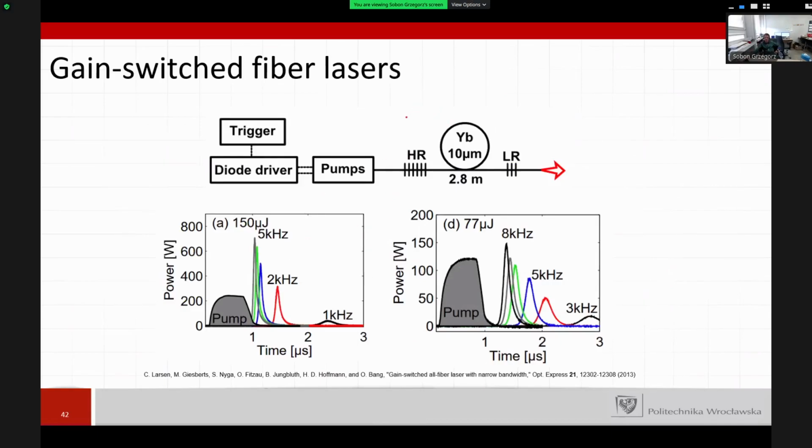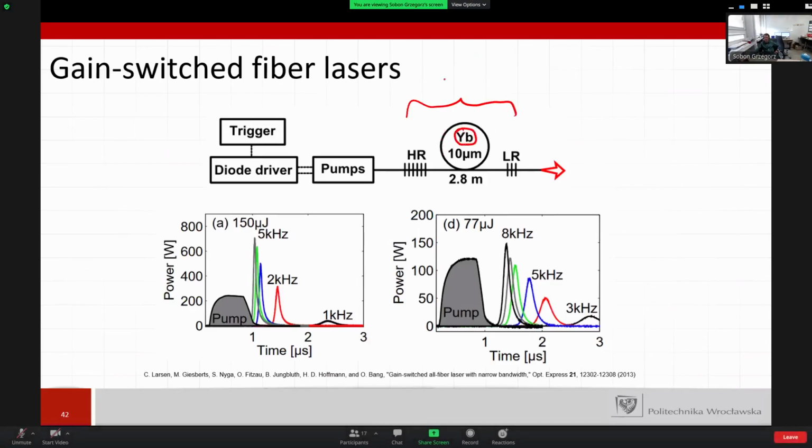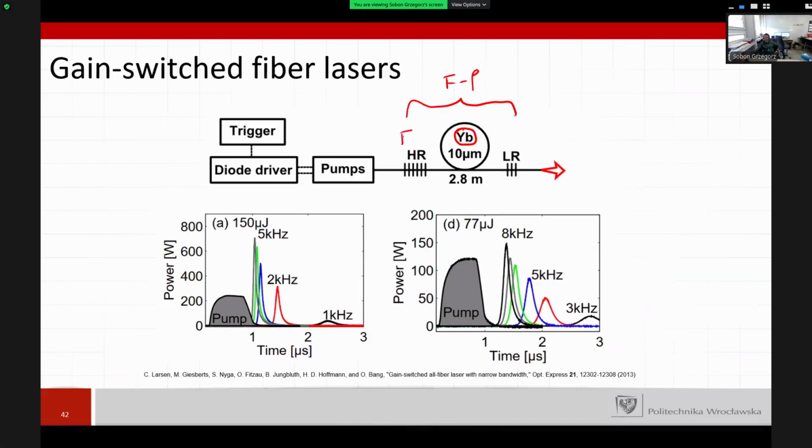So you see here in this example, we have a ytterbium doped fiber laser. This is a Fabry-Perot resonator with two fiber Bragg gratings, FBG. So these are Bragg mirrors on the fiber.